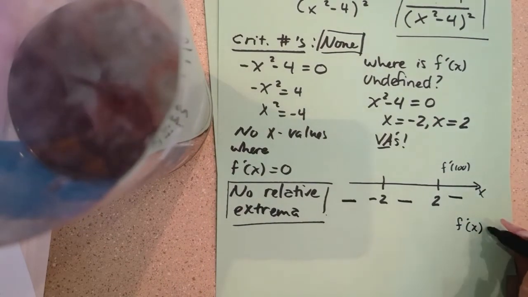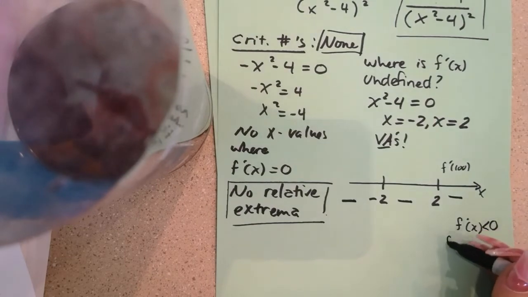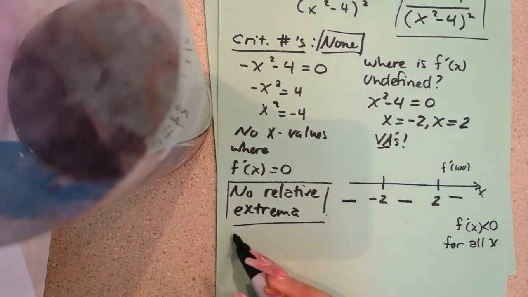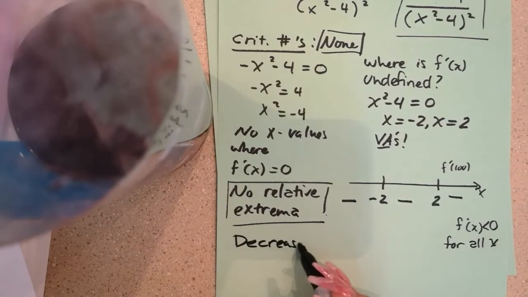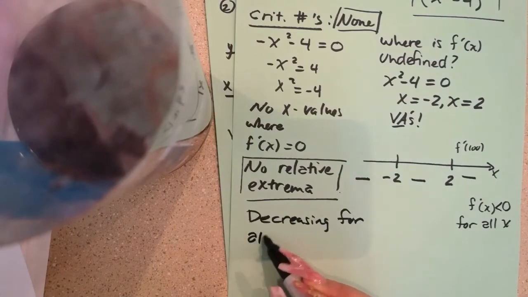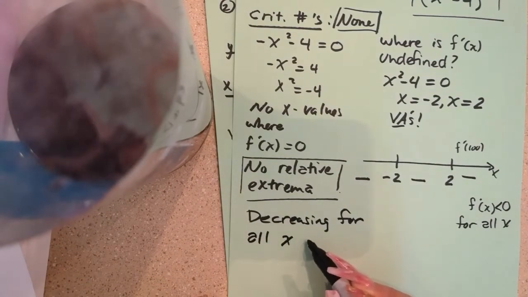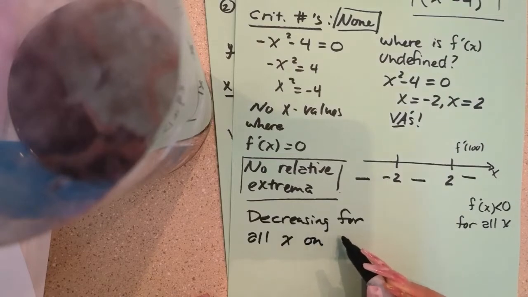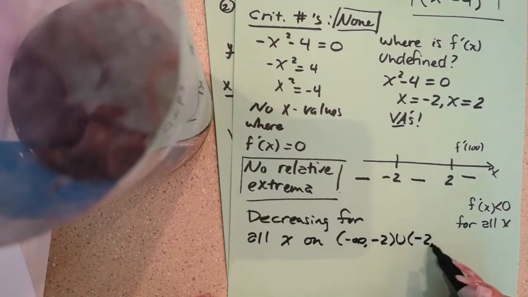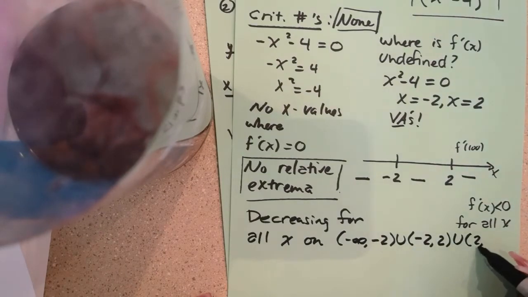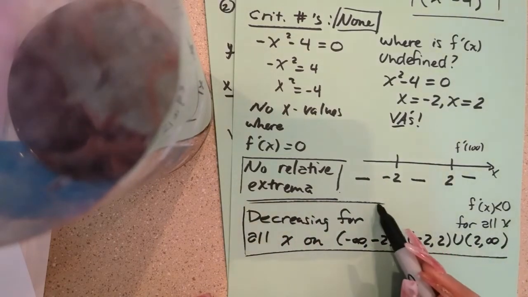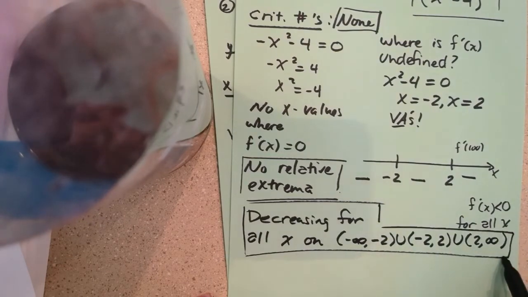So if the first derivative is less than 0 for all x, then I know this function is decreasing for all x in the domain. That would be from negative infinity to negative 2, from negative 2 to 2, and then from 2 to infinity. So this function is decreasing on its entire domain.